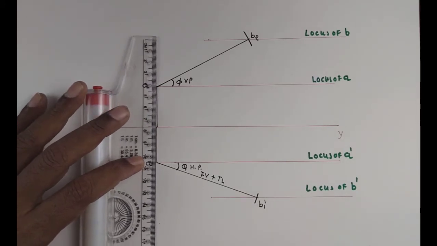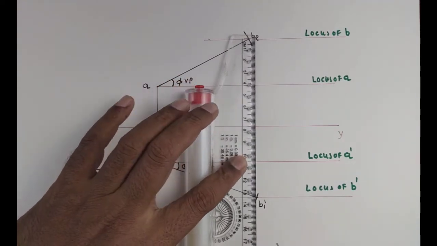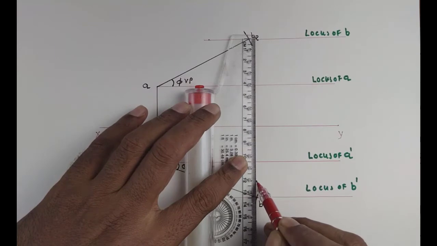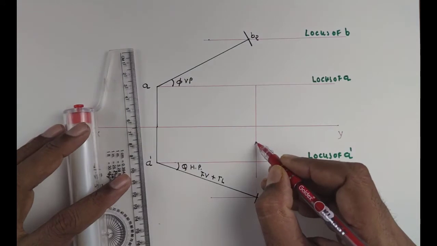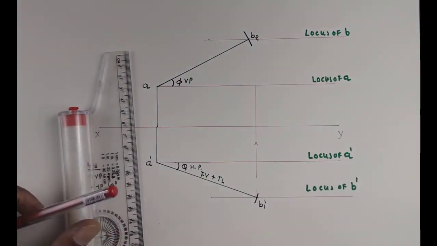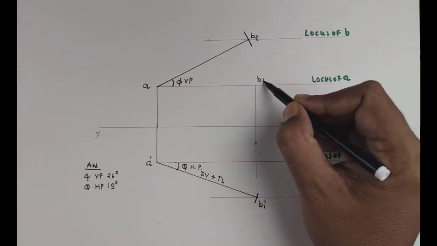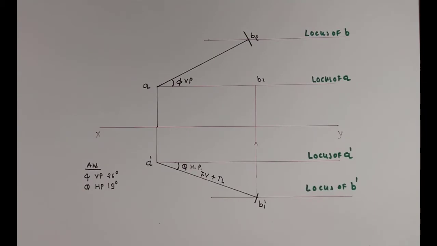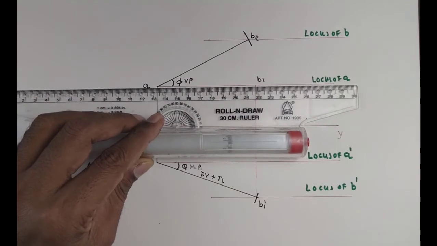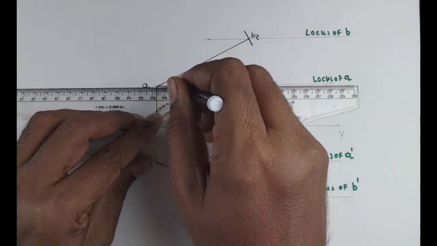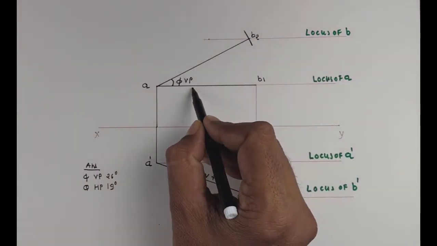For that we draw the vertical line from B1 dash up to locus of A. And here we write our plan point B1. Now the horizontal distance, when I join the points AB1, it is called the top view length.